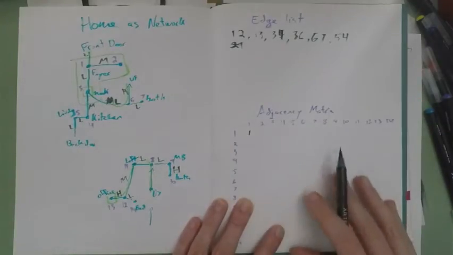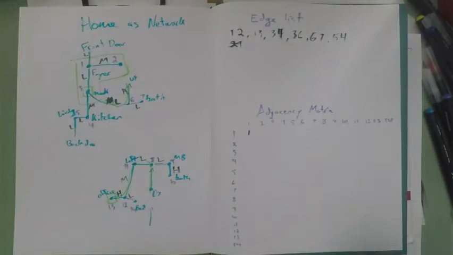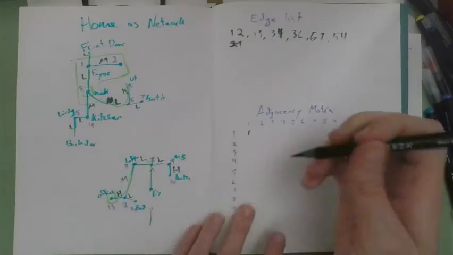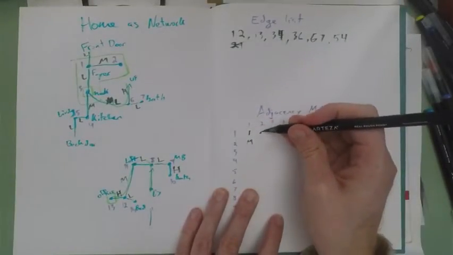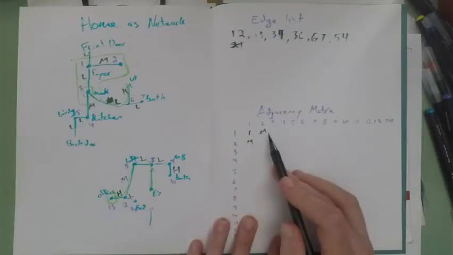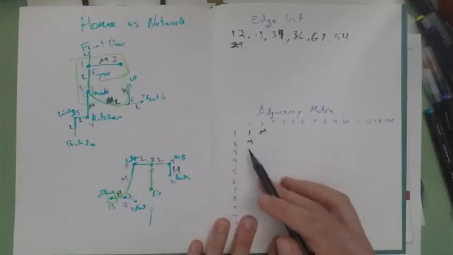There are a number of ways we might do this, and the decision we'd make would depend on what we're trying to achieve. But from 1 to 2, we can certainly put an M in there. That makes sense, right? And it's the same in this corner here, 1 to 2, 2 to 1, same difference.